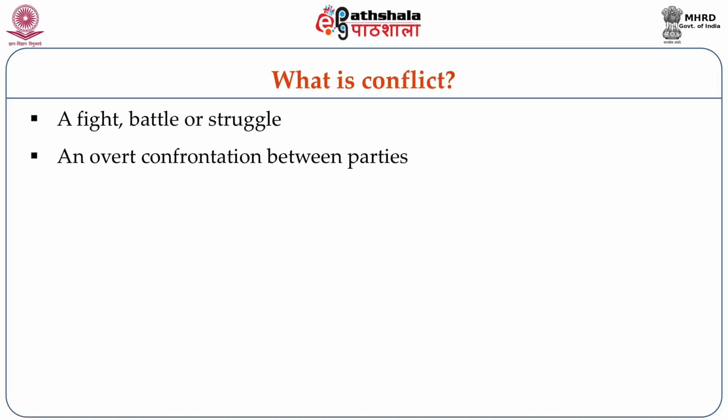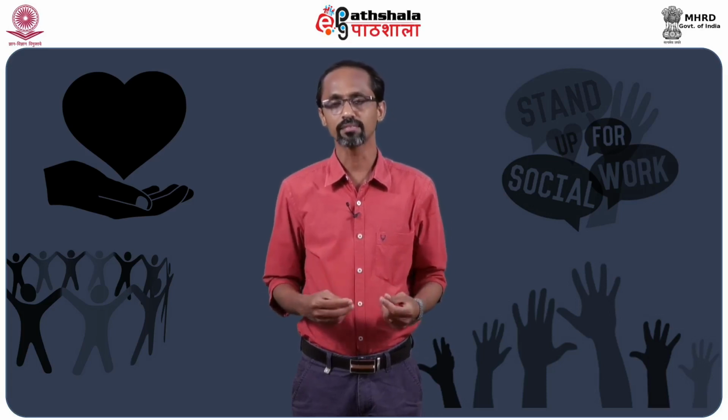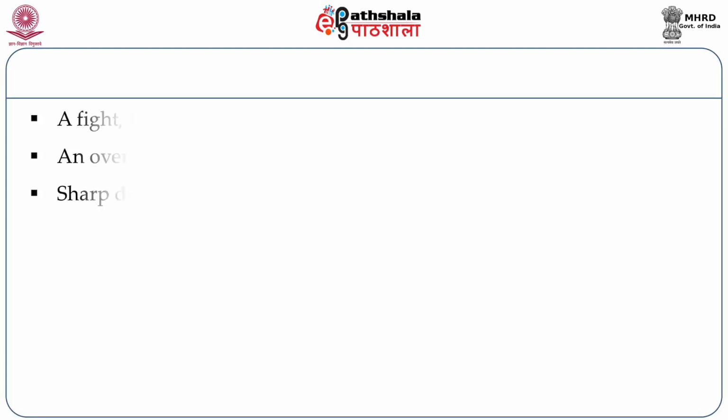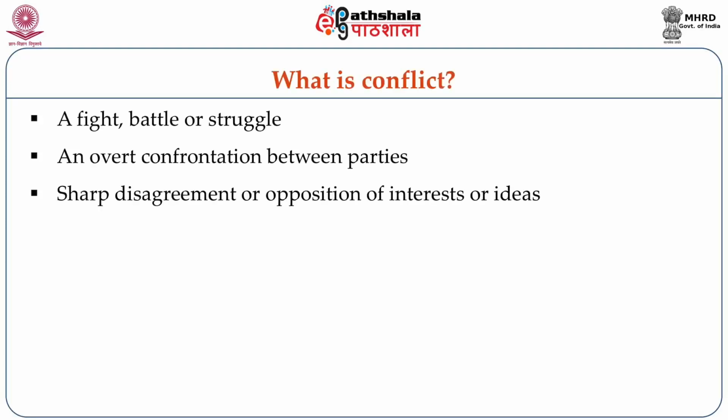When we say conflict, we are trying to talk about a confrontation between or across different parties involved in the conflict. So there is a confrontation which exists between or across the parties involved, and that makes it the basis for a conflict. That confrontation could be on the basis of a disagreement or an opposition of interest or ideas.